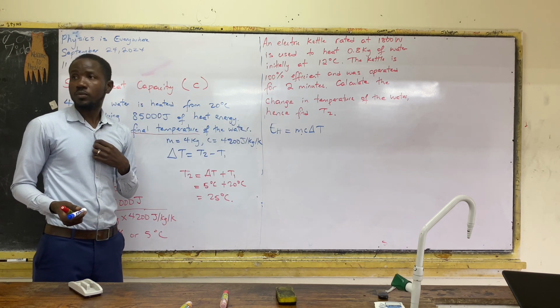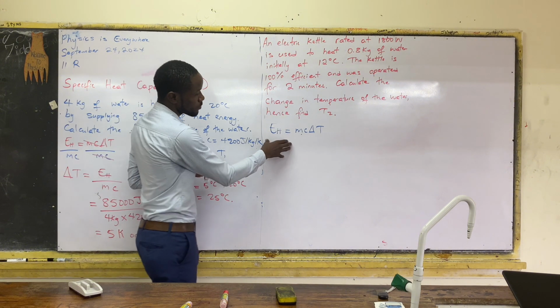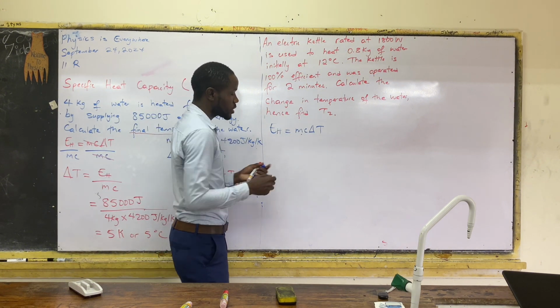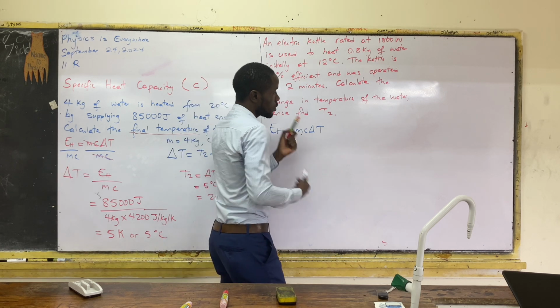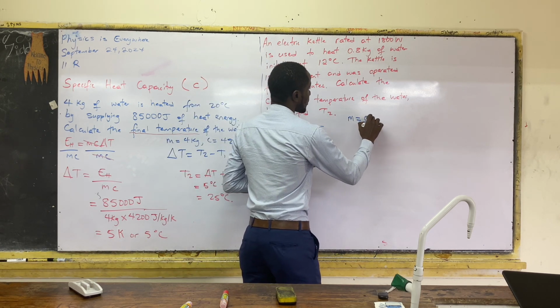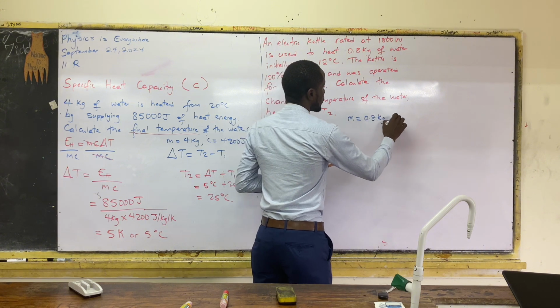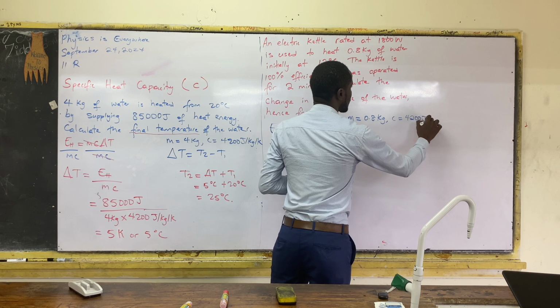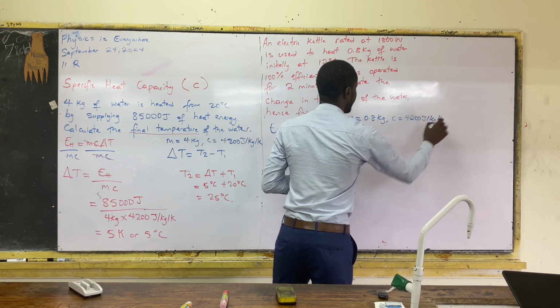So what we need to consider now is this expression right here. So the heat energy is equal to MC times the change in temperature. Now, we know M. M is 0.8 kilogram. We know C, because it's water, so it's going to be joule per kilogram per Kelvin.